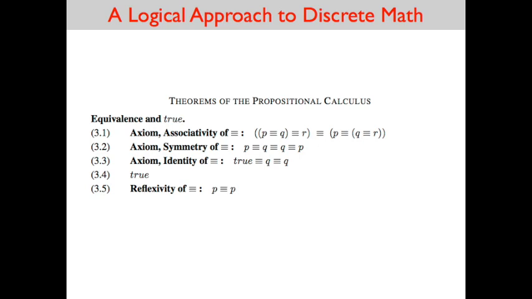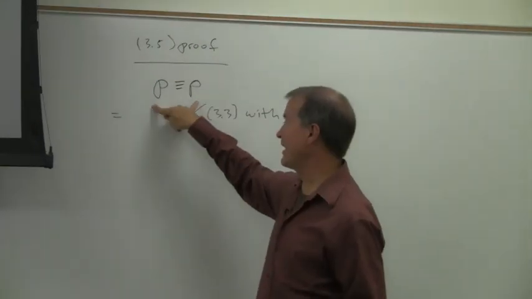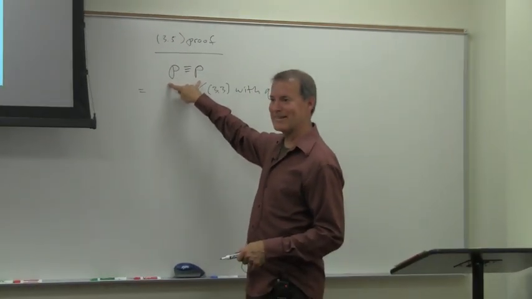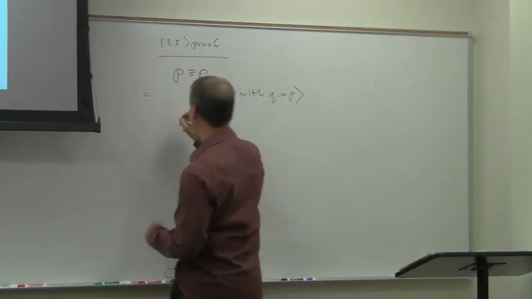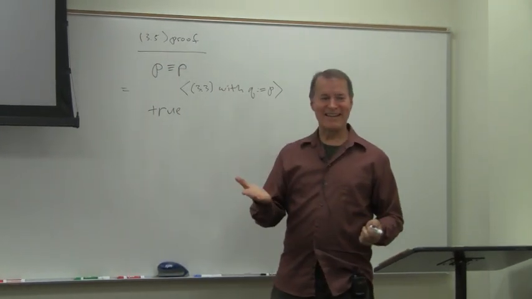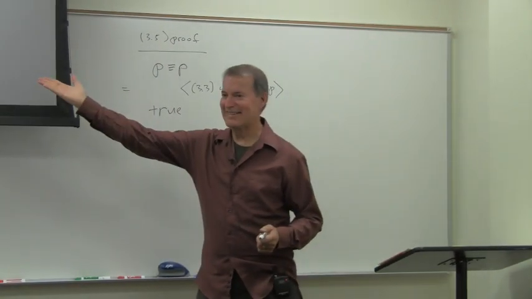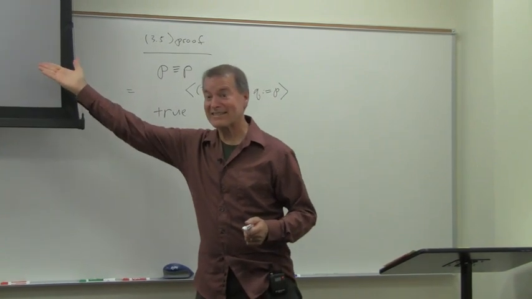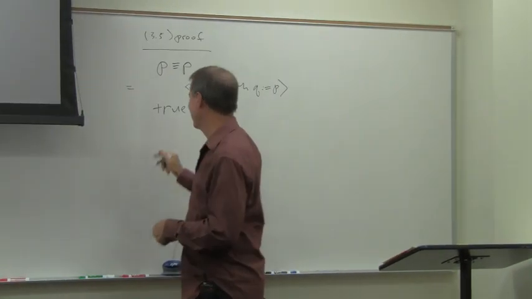This is how textual substitution works: 3.3 with Q replaced by P. So what would this be? This would be true equivalent to P, right? So here we have P equivalent to P. So what is it? True. And now what do we say? Which is 3.4.